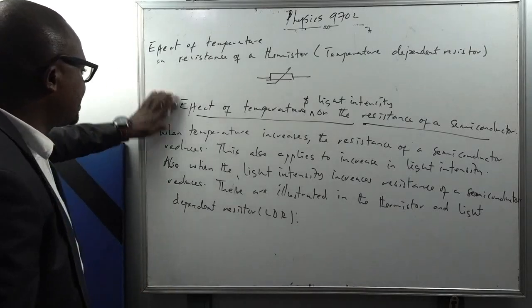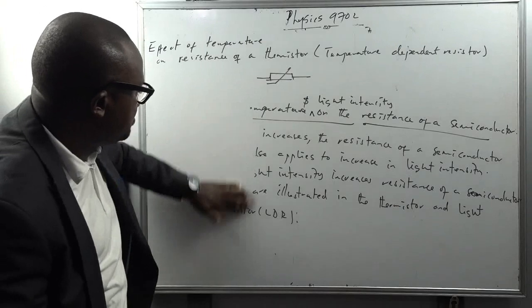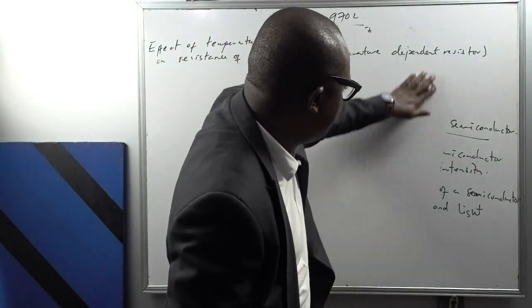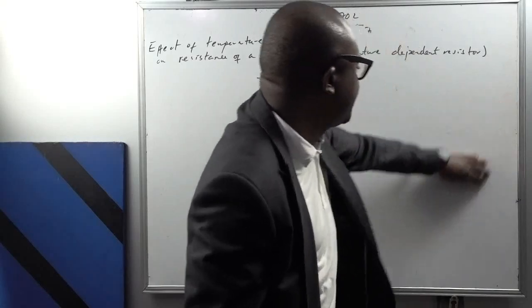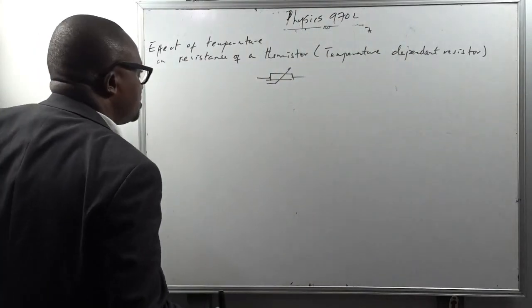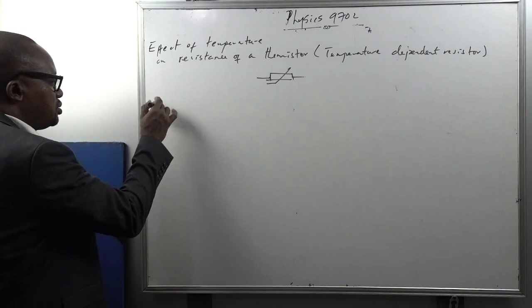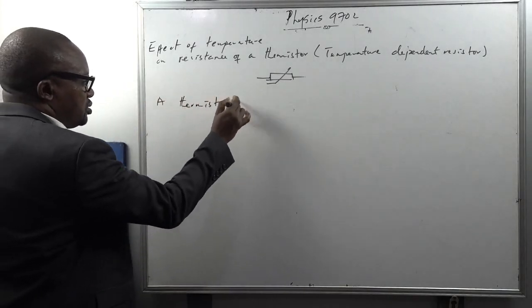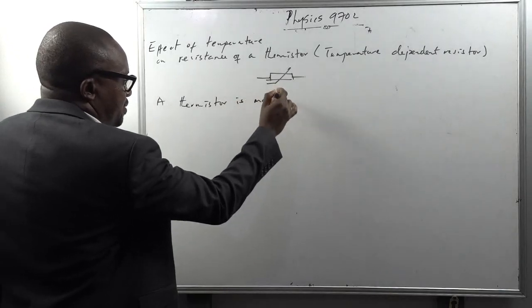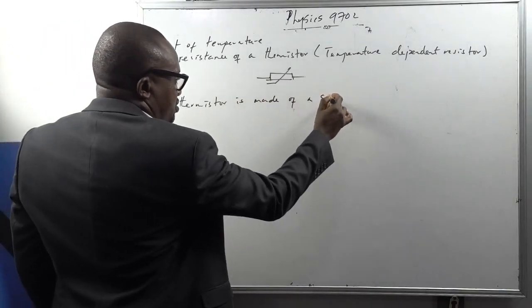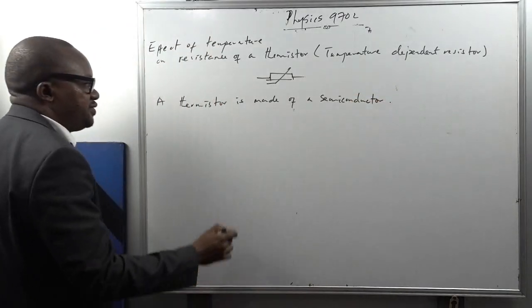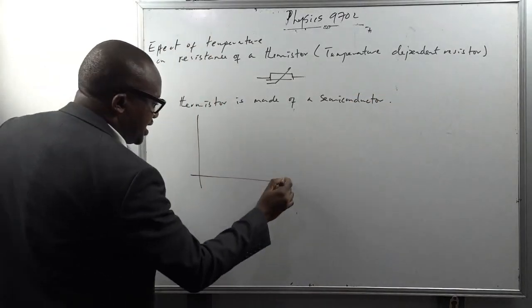So we can easily answer that by saying that a thermistor is made of a semiconductor. So, having said that, we can just show it graphically.